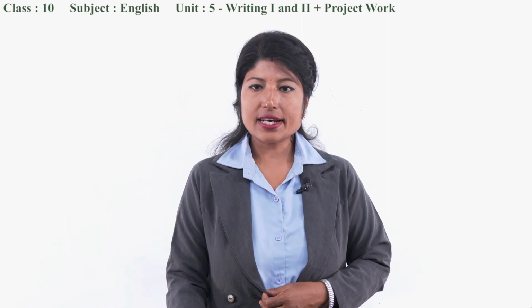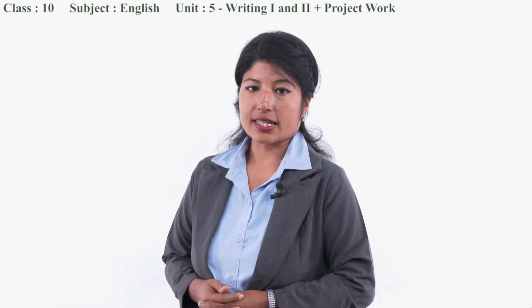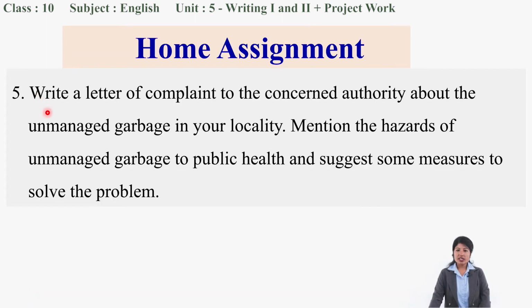Now look at here, the activity. The activity is given to you as your home assignment. Though we discuss this activity, what is it? Write a letter of complaint to the concerned authority about the unmanaged garbage in your locality.